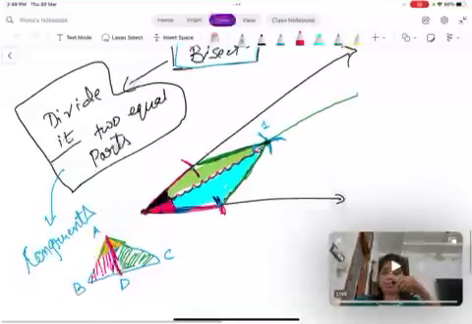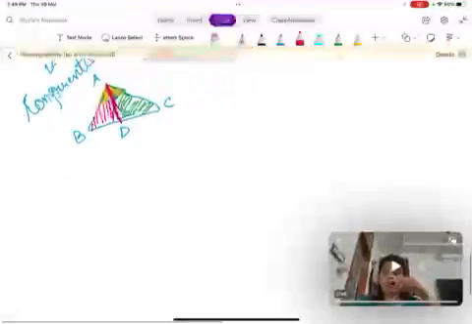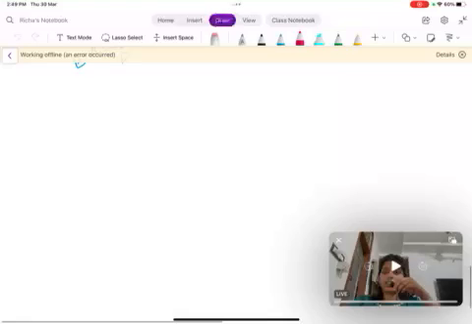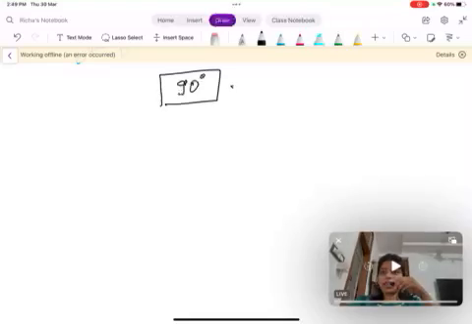So now we know how to bisect an angle. Then comes the construction of 90 degrees. For the construction of 90 degrees, we will use the bisect concept.